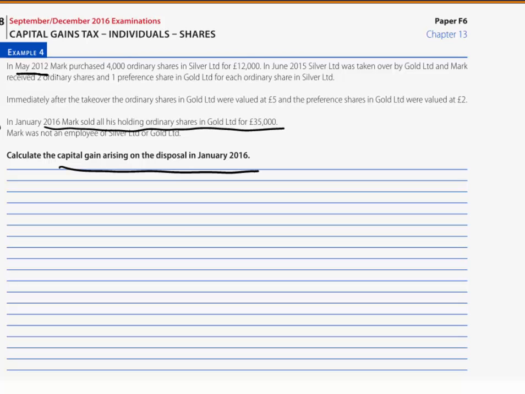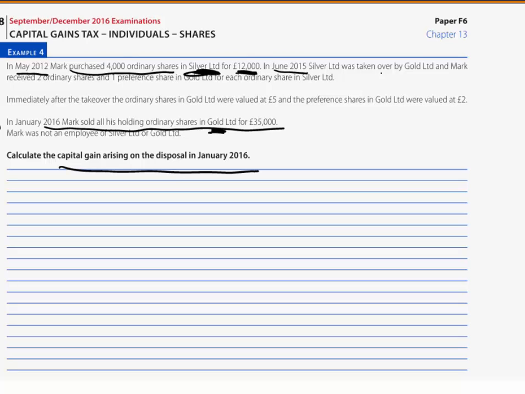In May 2012, Mark had purchased 4,000 ordinary shares in Silver Limited. But we're selling shares now in Gold Limited. What's going on? So we bought 4,000 ordinary shares in Silver Limited for £12,000.